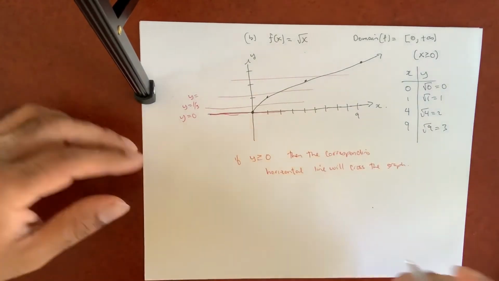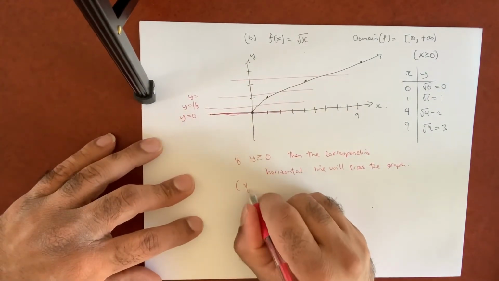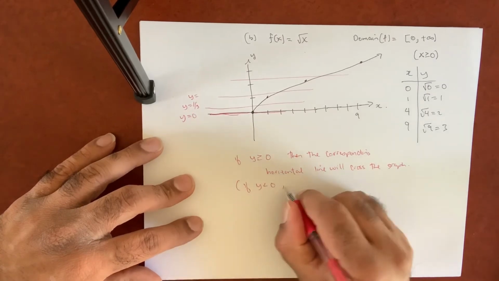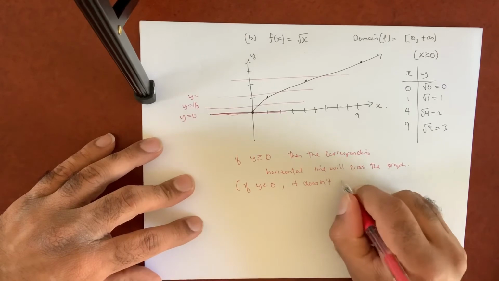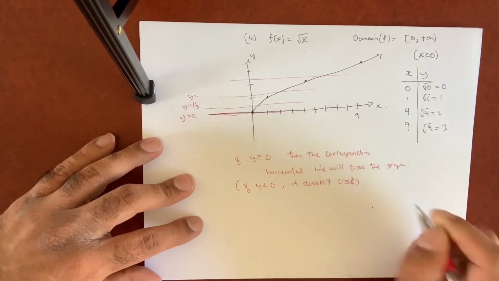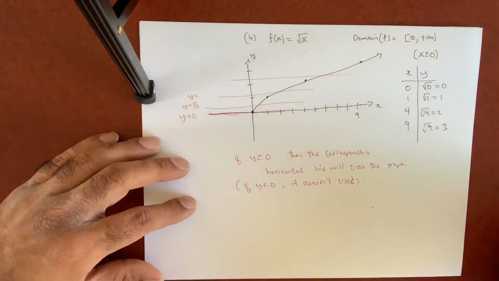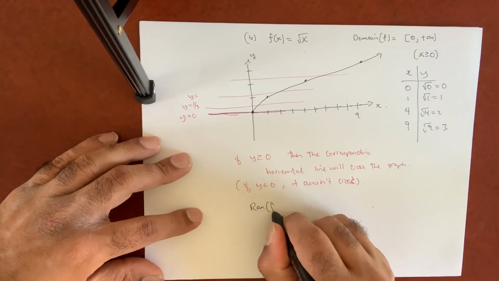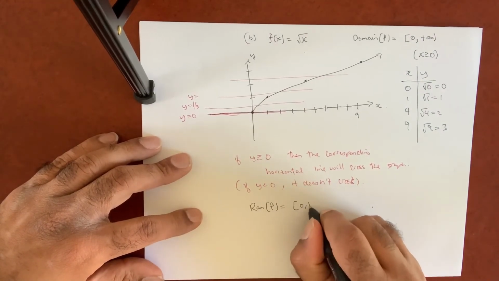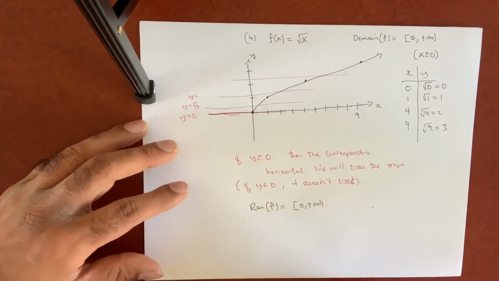And no other values work, right? If y is less than 0, it doesn't cross. And hence the range of f is just 0 to positive infinity.